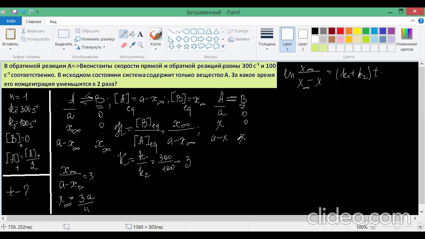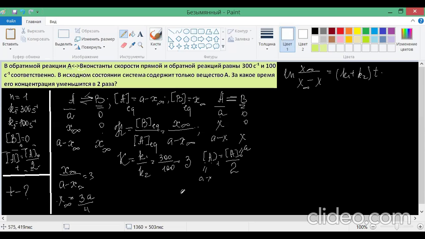Okay, and we remember that the concentration of A at time t is equal to the initial concentration of A divided by 2. But the initial concentration of A is equal to A, while the current concentration of A at time t is equal to A minus X.